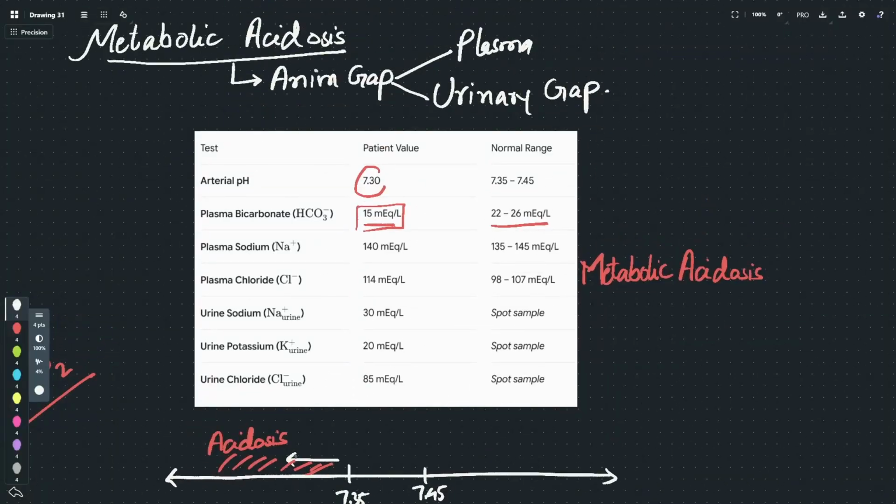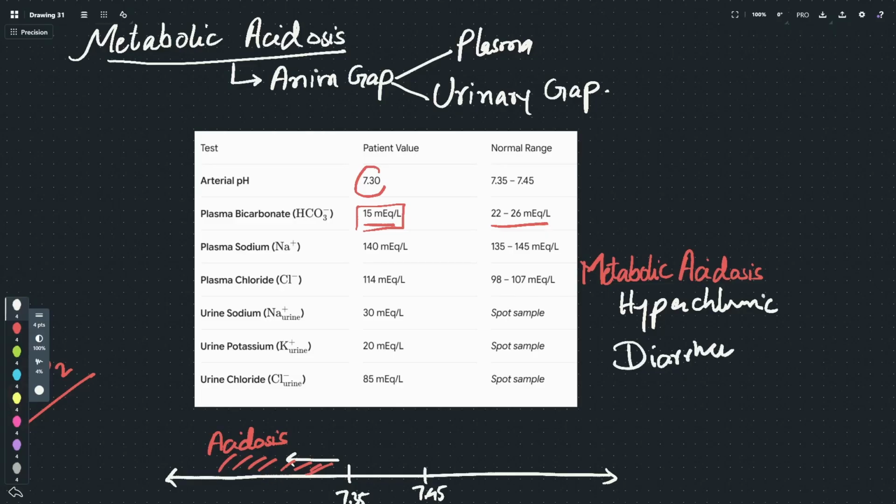So you see, the power of this is that I haven't given you any history, I haven't given you any examination points here, nothing at all. On the basis of just these values, you are exactly able to pinpoint the exact cause of metabolic acidosis, and this metabolic acidosis is hyperchloremic. It is normal anion gap metabolic acidosis, and it is exactly which type.